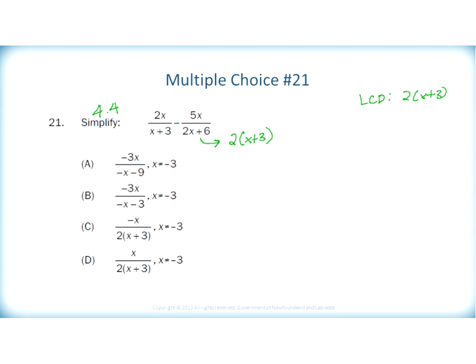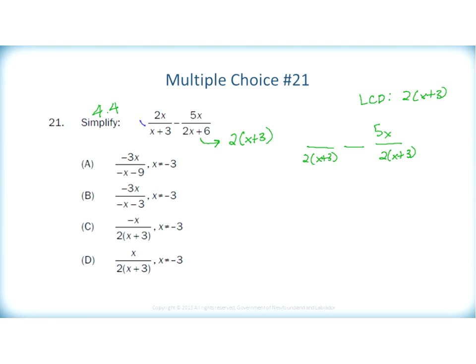And so we will have something over 2 outside of x plus 3 subtract 5x over 2 outside of x plus 3. Now the question is, what will you multiply x plus 3 by in order to get 2 outside of x plus 3? And the answer here is you must have multiplied it by 2.